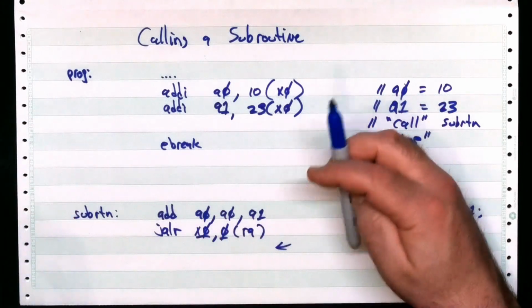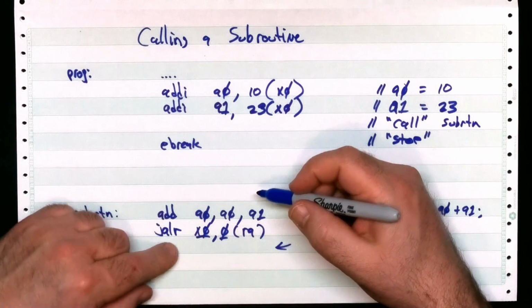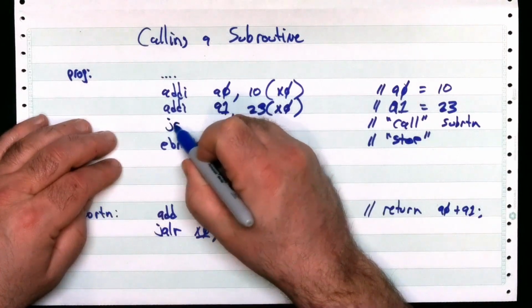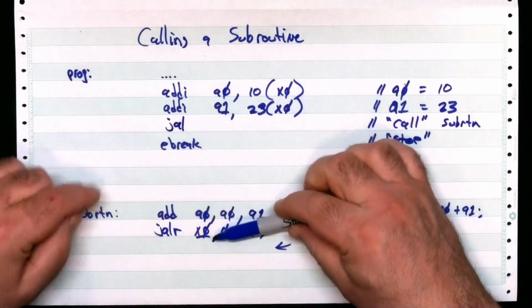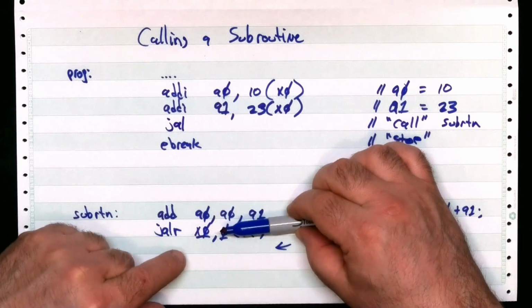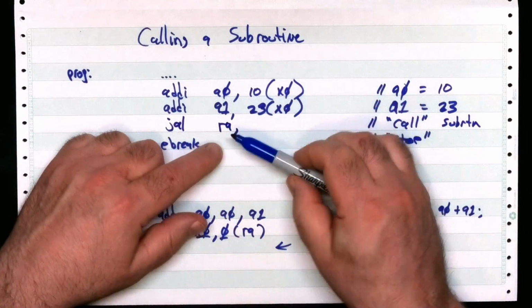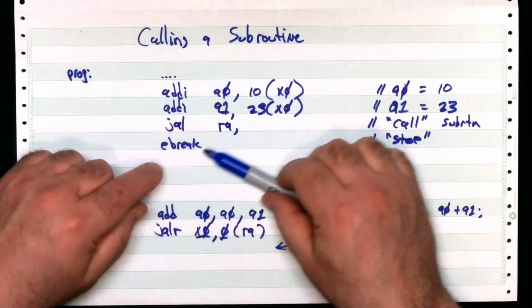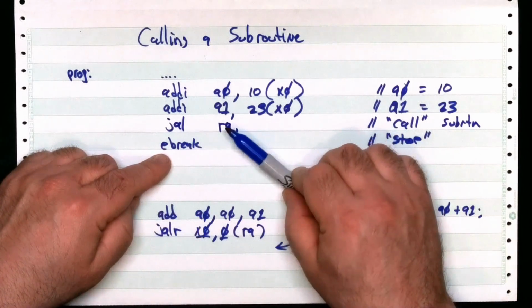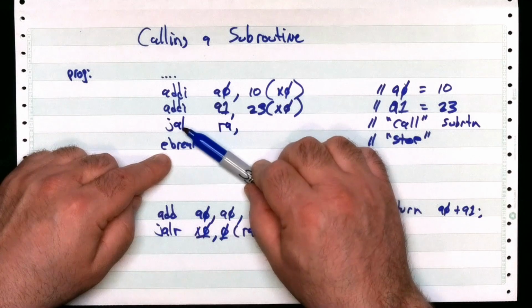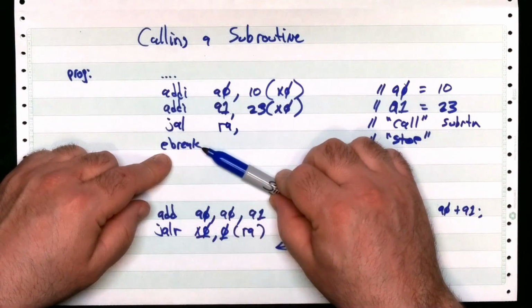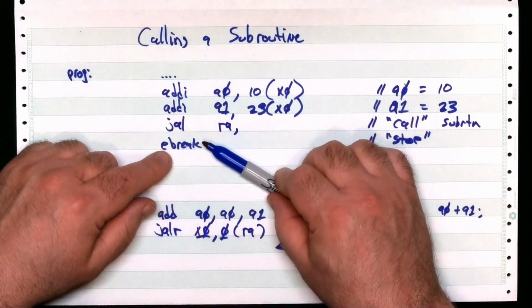Now, there's another instruction just like JAL or JALR that is designed for this purpose. So how does this thing work? Well, we say JAL, we then say RA, because the address of the next instruction is going to go into this destination register based on the definition of what JAL does. This takes care of getting the return address set up.